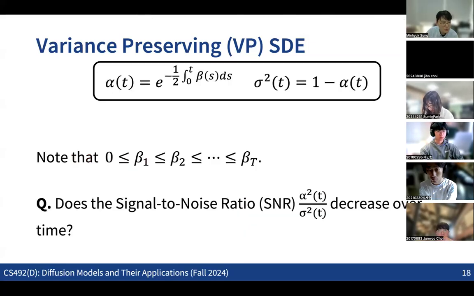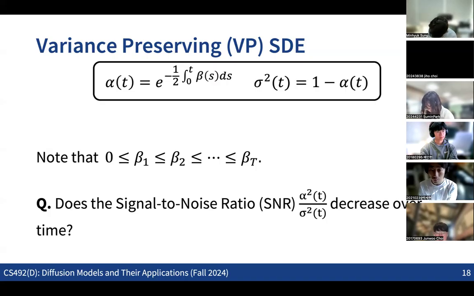Then let's recall what we discussed about beta t in the DDPM case. Beta was a monotonically increasing function over time t, basically a non-decreasing function. Given these characteristics of beta t, and the definitions of alpha t and sigma squared t, can we quickly check whether the SNR, the signal to noise ratio, is also decreasing in this case?